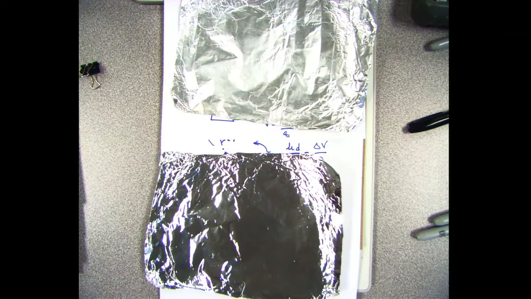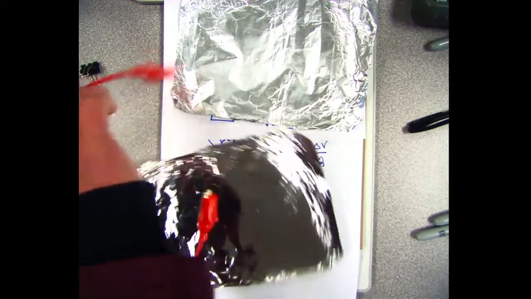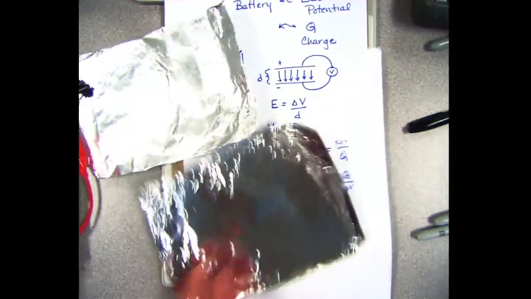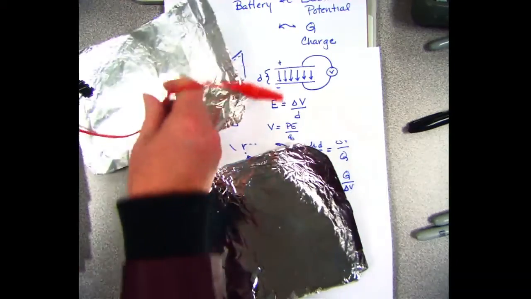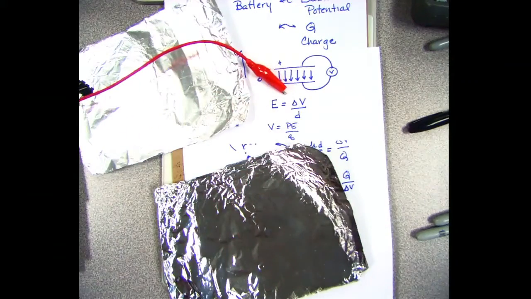I'm going to stretch it over here. And I have my little banana clips over here, so you can see I have banana clips. So I'm going to be able to connect my plates to a battery. Just happens to be a DC power supply. So let's step this over here.